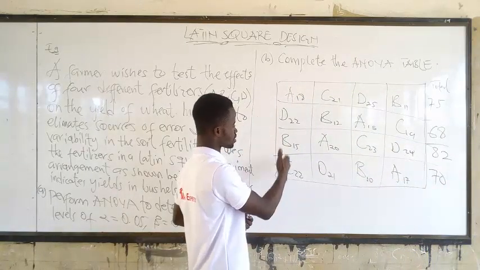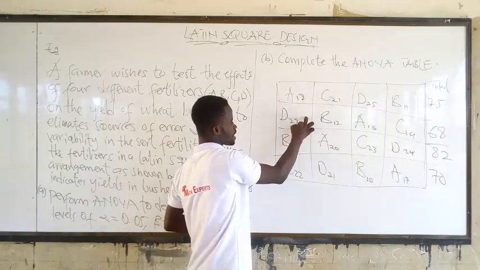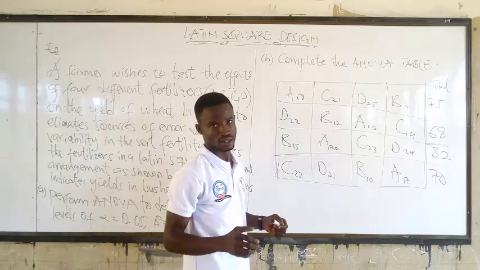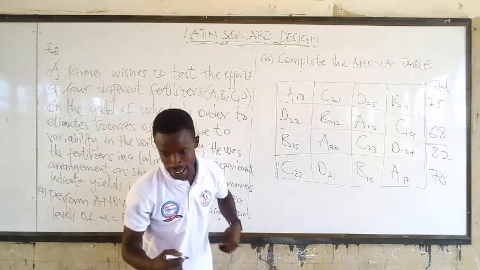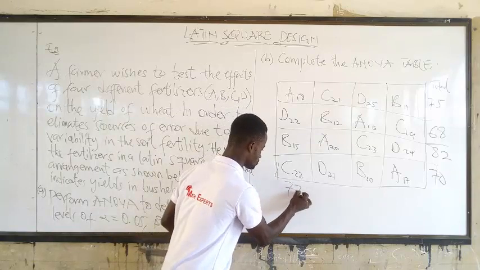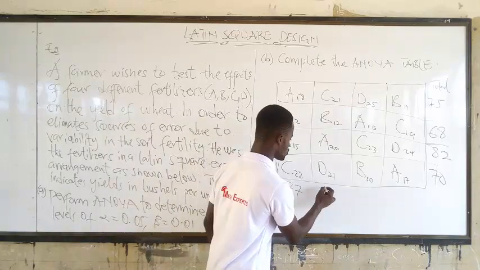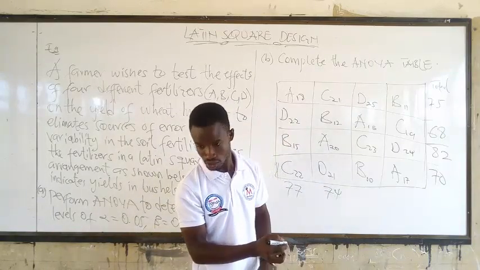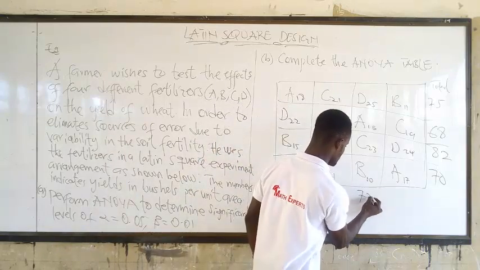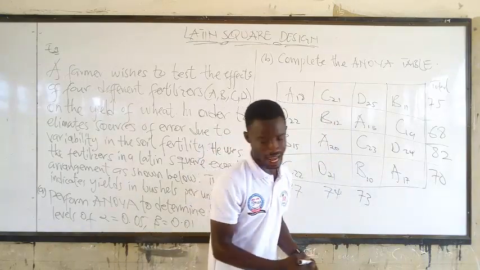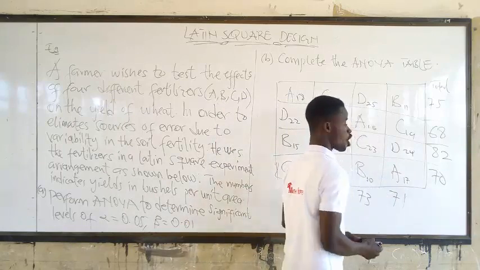Then you come to this. Then you add this, that, and that one too. You get here to be 77. You get here to be 74. You get here to be 73. Then the last one, 71. Alright.